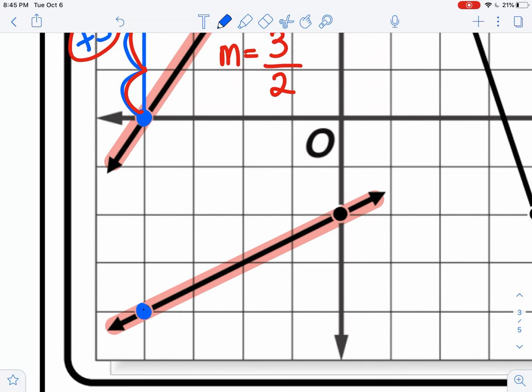I'll give you an imperfect point. That's not a perfect point. This is not a perfect point. Now, this right here would be considered a perfect point. However, that perfect point is not on my line, so we're not going to use that one. All of our perfect points have to be on our line, and they have to be at the intersection between my 4 squares.